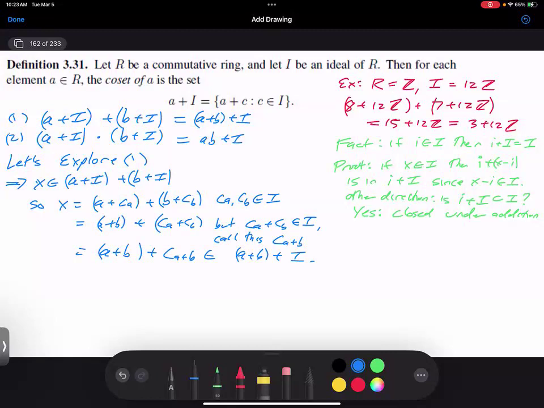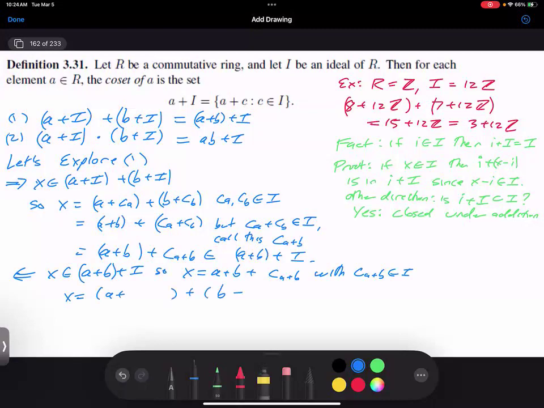Okay. Now we need to show the other direction. Let's assume X is in A plus B plus I. So X is equal to A plus B plus some element C, call it A plus B, with C A plus B in I. So we want to show that we can write this X as something in A plus I plus something in B plus I. So we want to write X as A plus something plus B plus something, where the first one is in A plus I, the second one is in B plus I, and their sum is A plus B plus CAB.